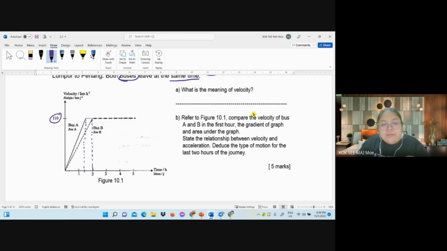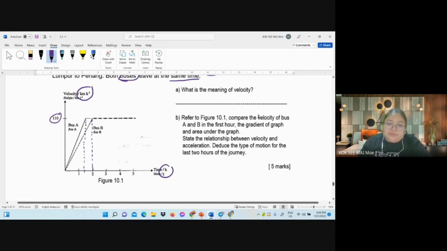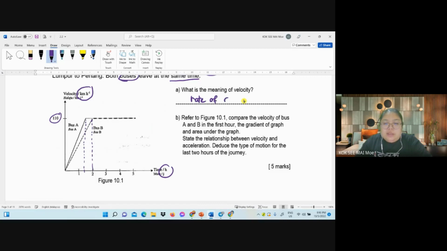Then after that, both are the same. After 1 hour more a bit, this one is 2 hours, then both move at constant velocity. Okay, so this is a diagram showing the info. Velocity, they put kilometer per hour. Time taken, hour. What's the meaning of velocity? Same, rate of change of displacement.